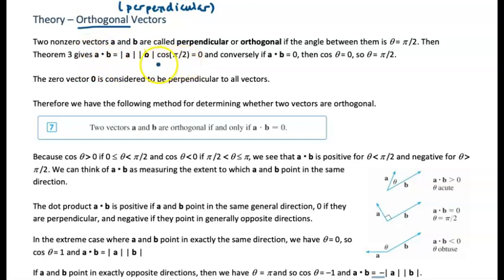We know that the cosine of 90 degrees is 0, so it doesn't matter what the magnitudes of A and B are. If these are positioned perpendicularly, so if the angle between them is 90 degrees, well then that dot product is just going to be 0. Also, if the dot product of A and B is 0, then we know that the angle between these is 90 degrees. And so that's where we get this if and only if statement.